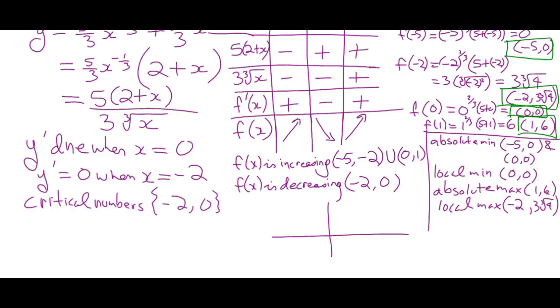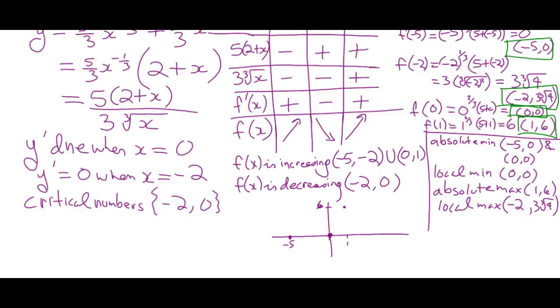What do we got? So we've got a 0, 0. We've got a negative 5, 0. We've got a 1, 6. Yeah, we can save a couple for tomorrow. There's no rush.